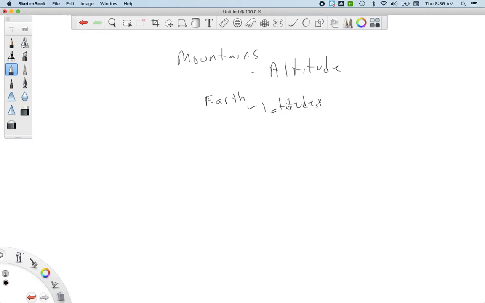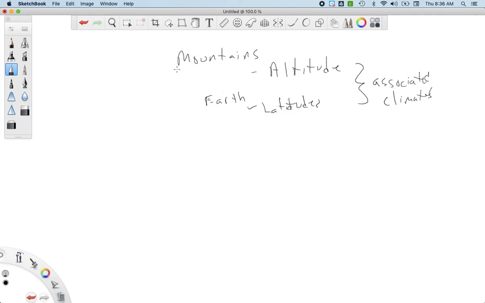So the closer you get to the poles, or the closer you get to the equator, you are at different latitudes, and those latitudes, like altitudes, have associated climates. So you can go up a mountain, and it's going to seem like you are going up in latitude.